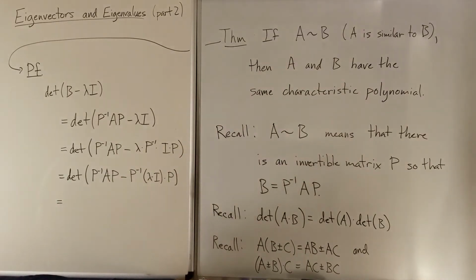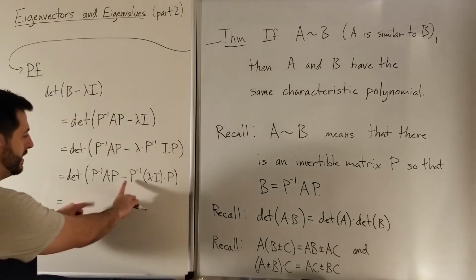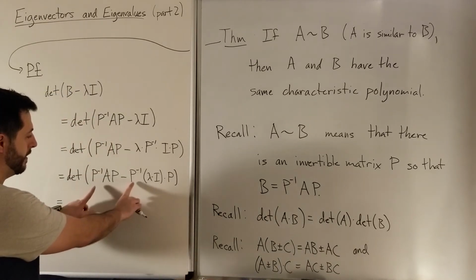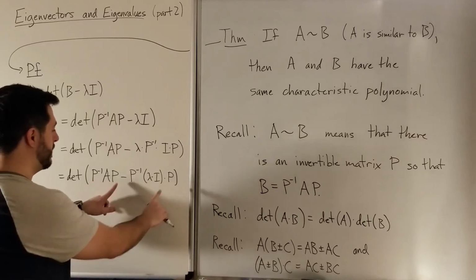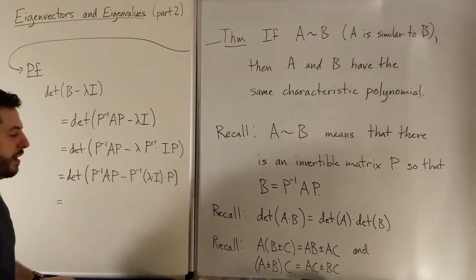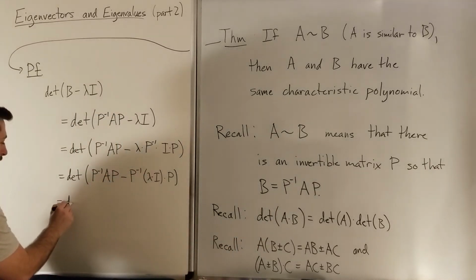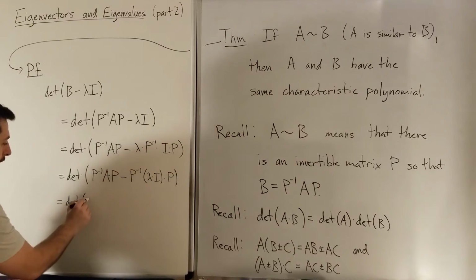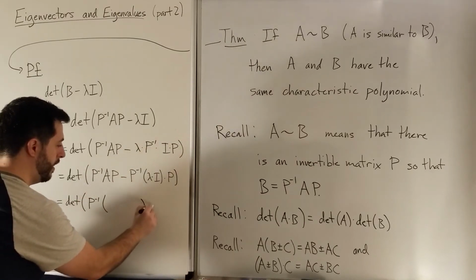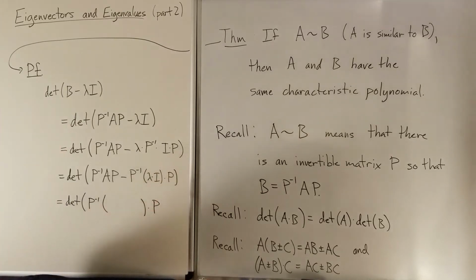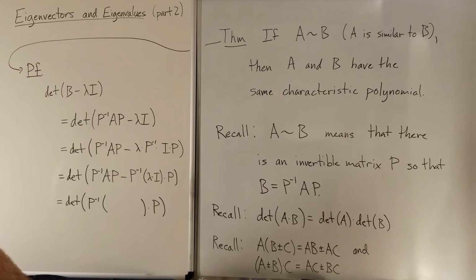Well, now I can use my distributivity properties and say both of these two things that I'm taking the difference of have a P inverse on the left side, and both of them have a P on the right side. So I'm going to use both of these properties at the same time to rewrite this matrix that I'm taking the determinant of as P inverse times some stuff, and then times P. I'm factoring out a P inverse to the left and a P to the right.